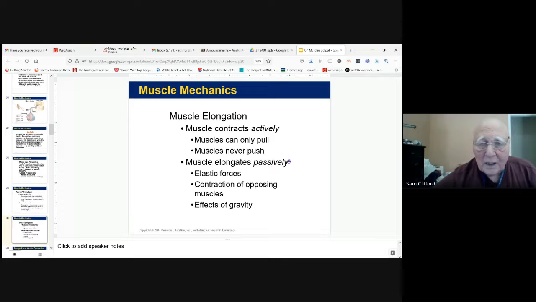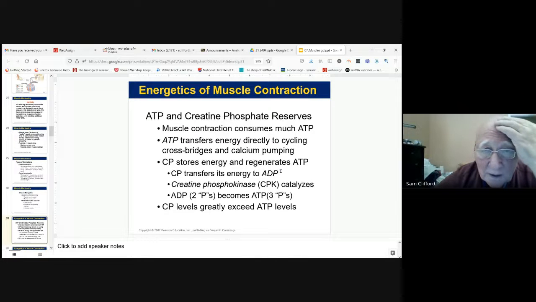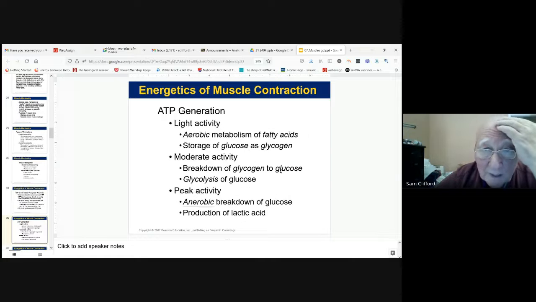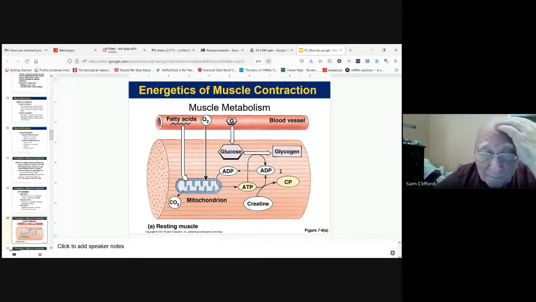So muscles are constantly in muscle tone, or they've been stretched and they contract. So muscle has, first of all, it has.